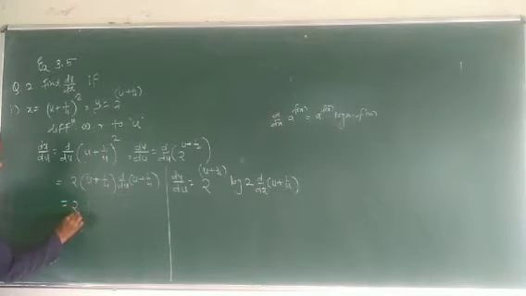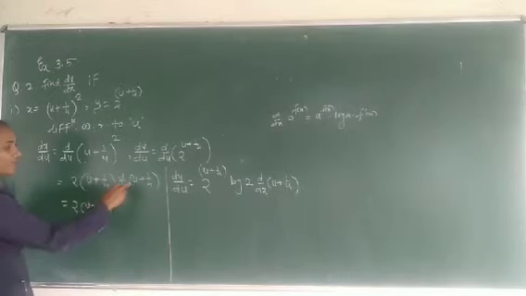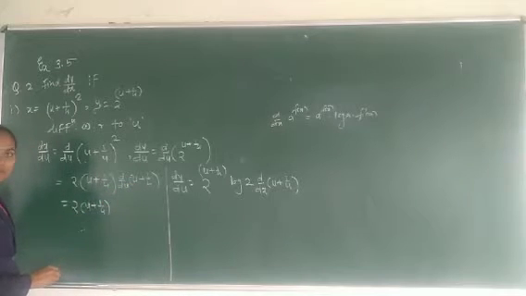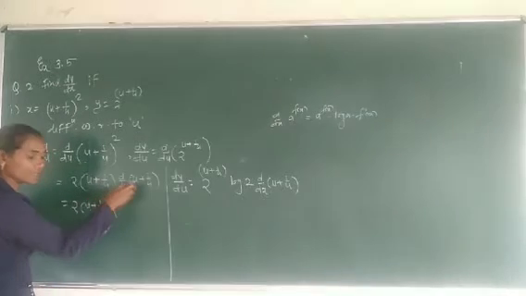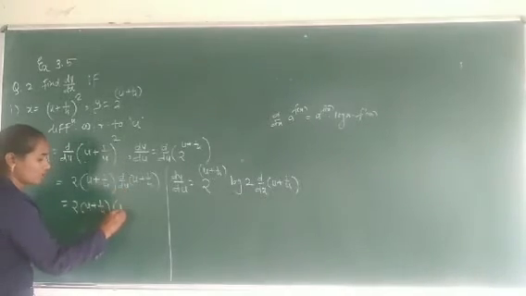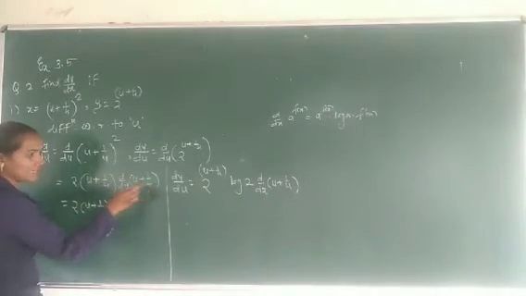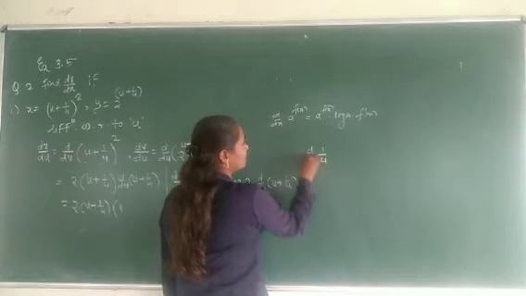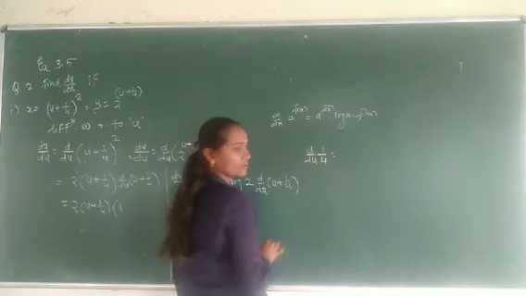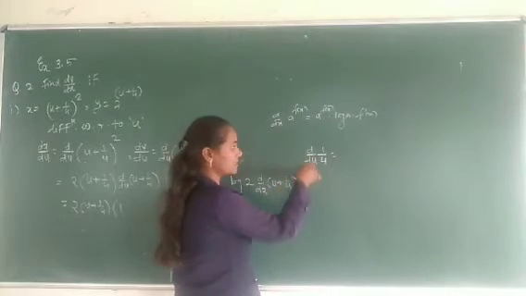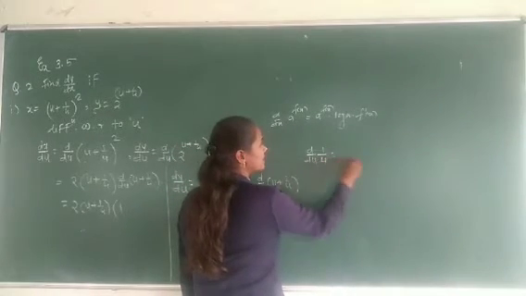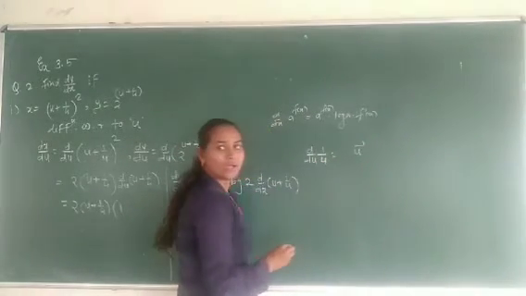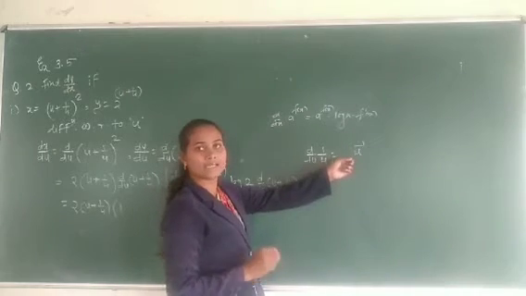Now 2 into (u + 1/u) as it is. Now find the derivative of u + 1/u with respect to u. What is the derivative of u with respect to u? It is 1. Now what is the derivative of 1/u? We can't find the derivative of 1/u directly, so we write 1/u as u raised to minus 1 and consider it as a power function.